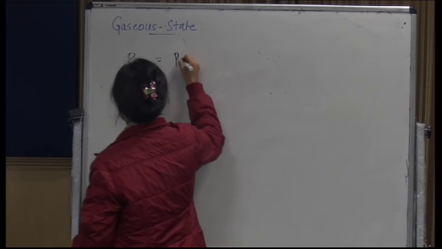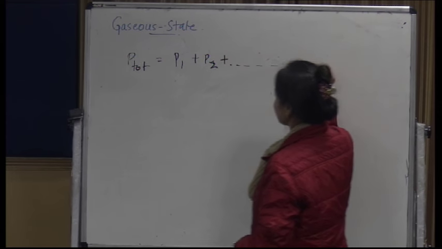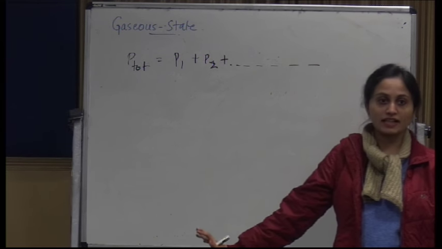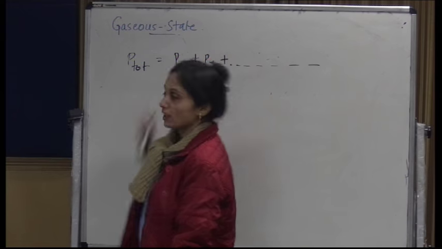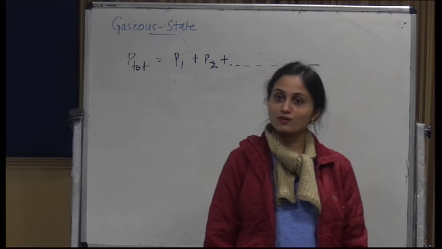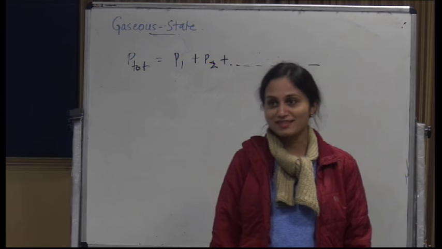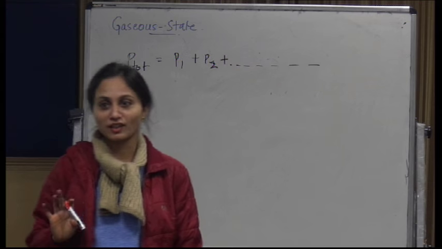So P total is equal to P1 plus P2 and so on. This is what Dalton's law is all about. Now what is your P1 equal to? Your P1 is the partial pressure, of course, and it is the individual pressure exerted by that particular gas.